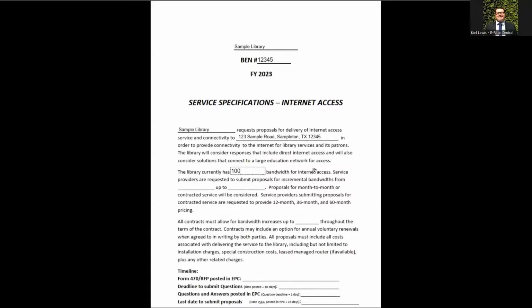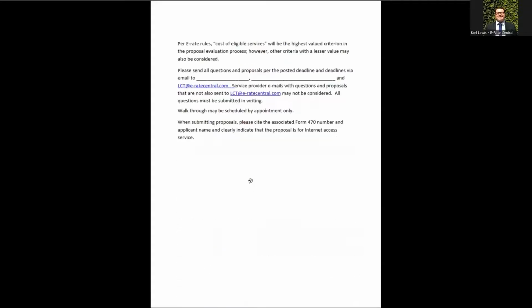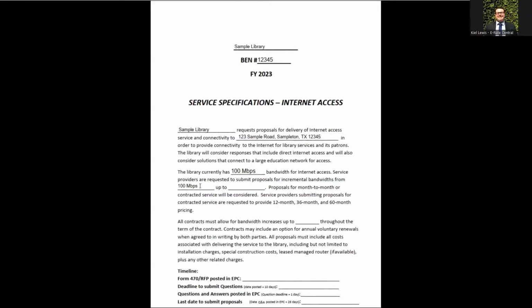As a sample, we can include something like that: 100 megabits per second, Mbps with a capital M. And you'll notice that that also populates down here in the current bandwidth section.